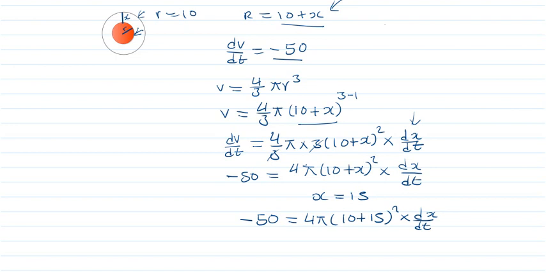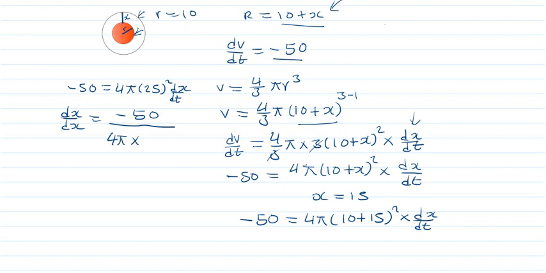Simplifying this part, we have negative 50 equal to 4 pi multiplied by (15 plus 10), we get 25 squared, dx/dt. Making dx/dt the subject of the formula, we have dx/dt equal to negative 50, then everything over 4 pi multiplied by 25 squared.